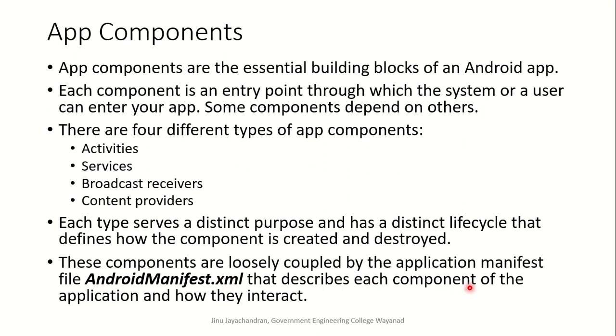This file describes each component of the application and how they interact. It is the most important file in Android, describing each of these components and how they are going to interact within themselves and between each other. It also gives the Android operating system an idea of what components you are going to design in the application.